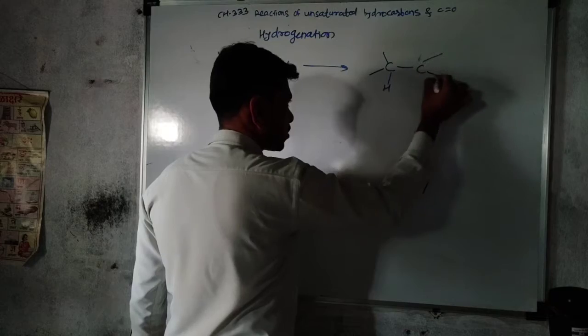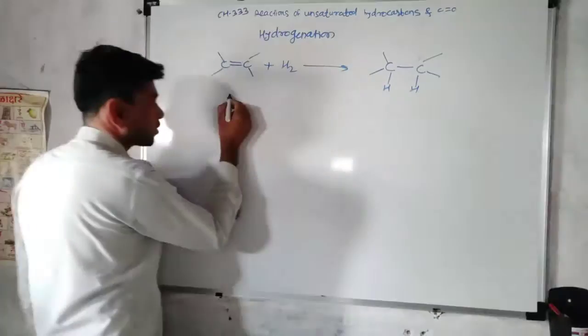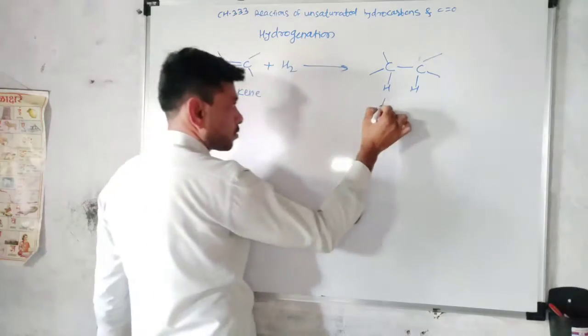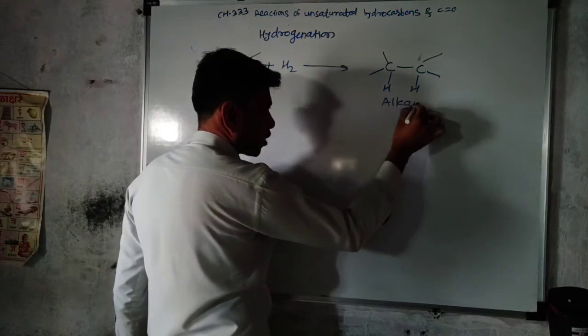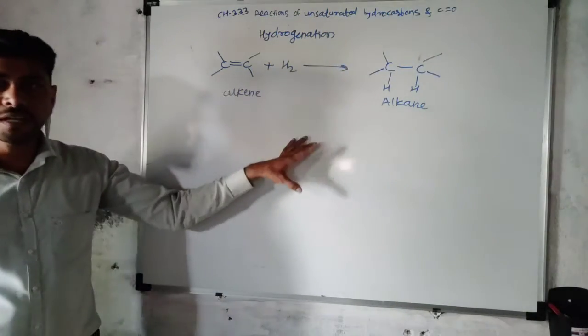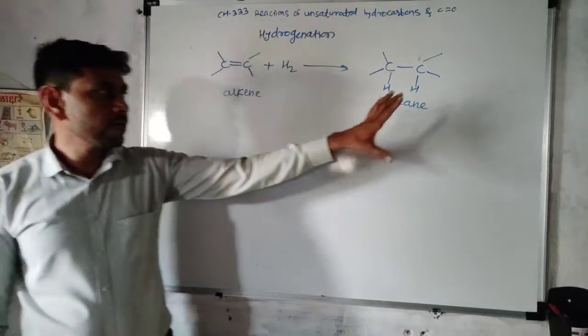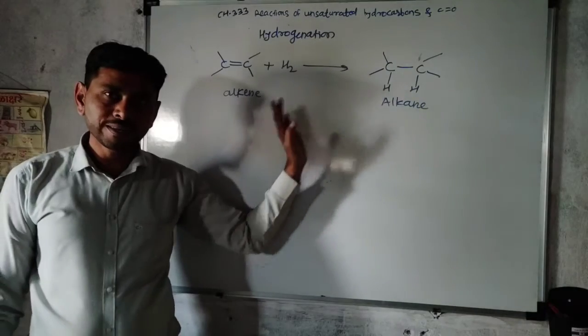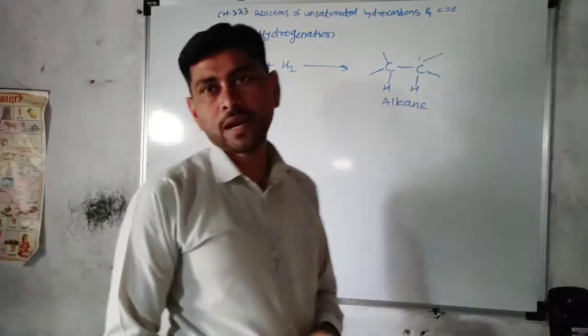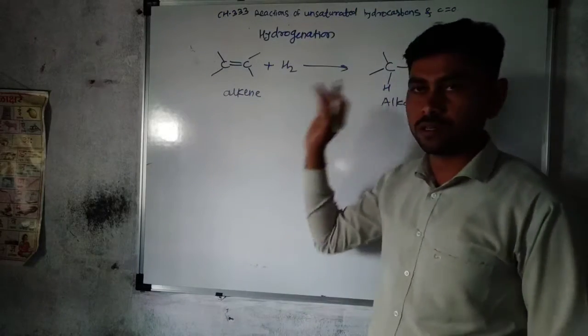It is the simple process by which we obtain alkane from alkene, that is, saturated hydrocarbons from unsaturated hydrocarbons using hydrogen.